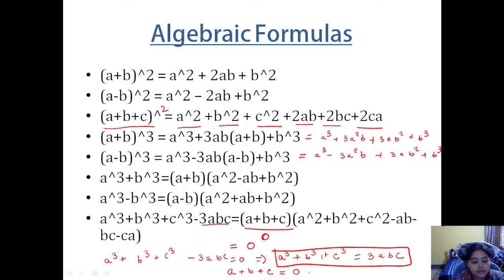So for example, the first question we will be solving. Solve (3x plus 4y) whole square.